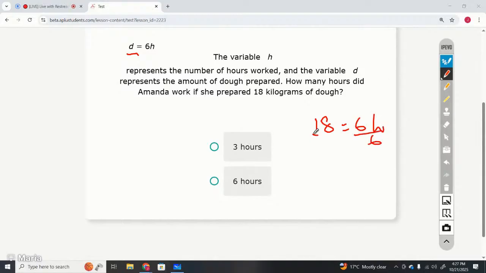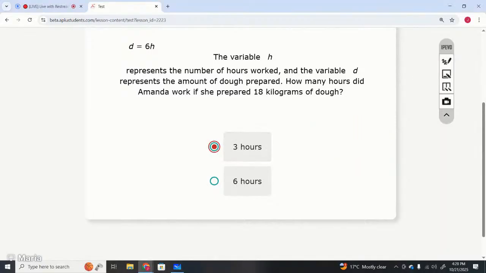Divide both sides by 6. H equals 3. Option number 1 is the correct option. 3 hours it is.